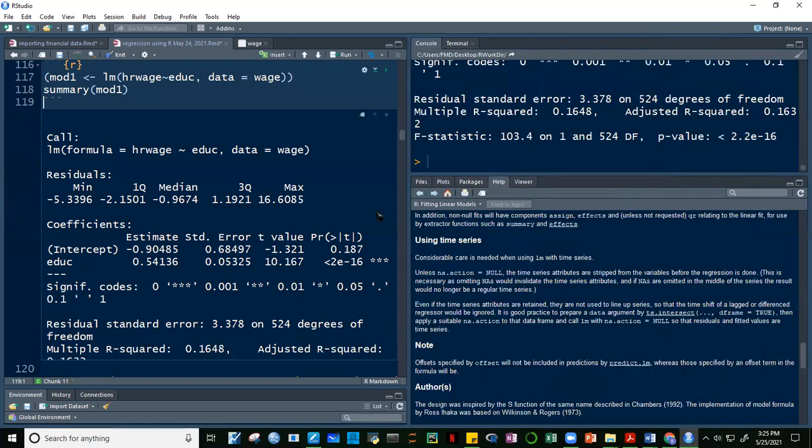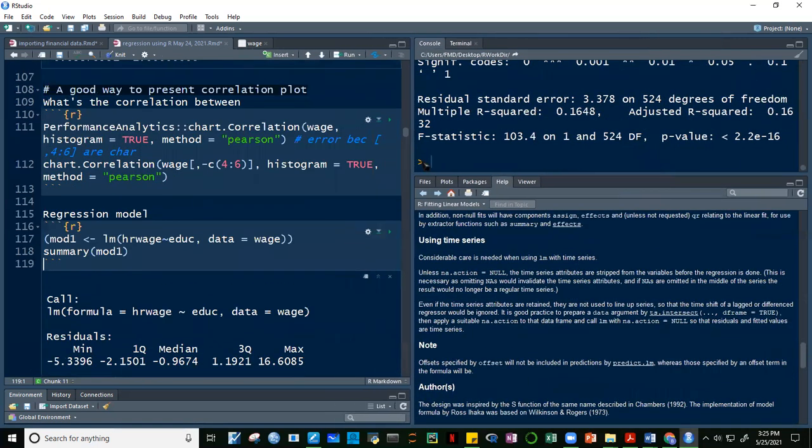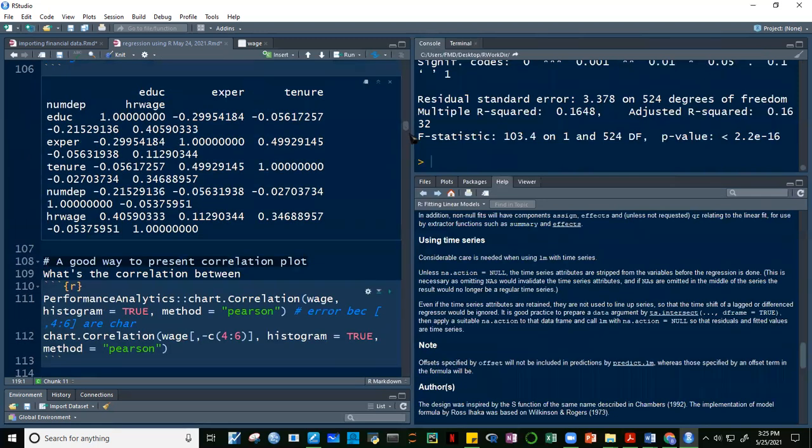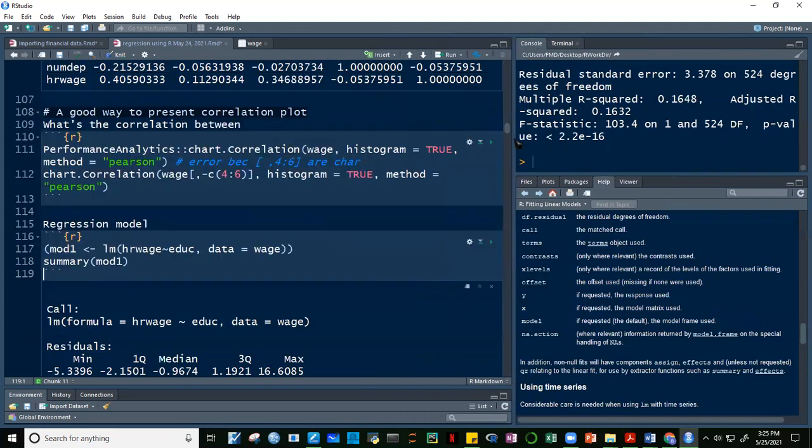Bakit may intercept at saka may education? Because, guys, we're modeling. Minomodel natin dito si hourly wage. Sa line, di ba, ang equation y is equal to mx plus b? If you recall, guys, ito yung equation of a line natin.